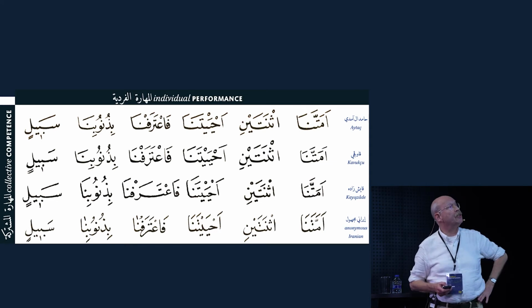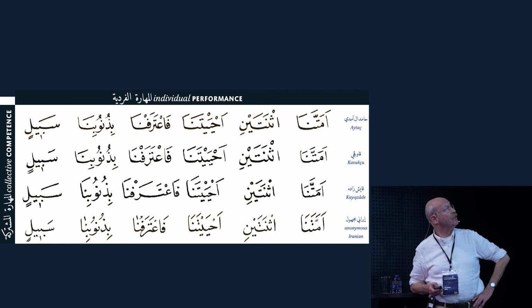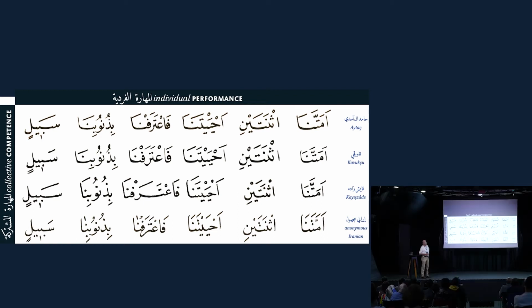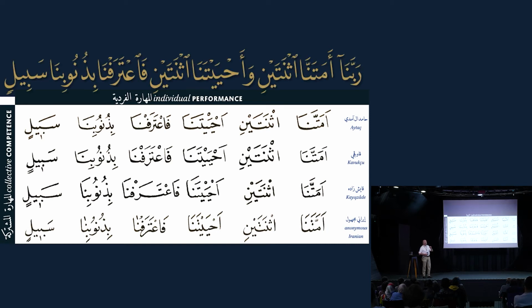And what you see is some of them are very similar, but the word fa'atarafna, that is the third column from the left, and the fourth from the right, has considerable differences, but that is mainly because of additional choices, like the choice to elongate or the choice to use another letter for the same grapheme.